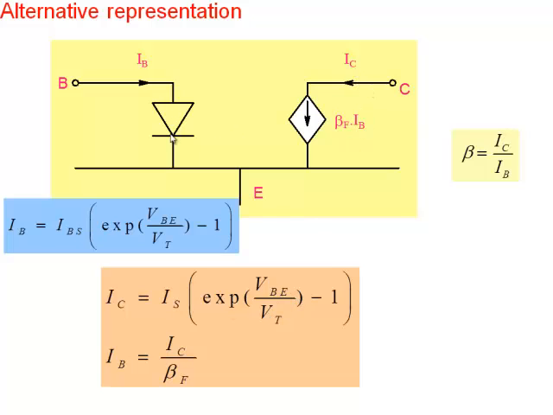IC is also exponentially dependent on base emitter voltage, and IB and IC are related through this quantity called beta, the current gain. And F, you will see in a minute what F means. It means the forward action, when electrons are being injected from emitter to collector. So that's the forward mode of transistor operation. That's why the word F is here. So that's another model of a bipolar transistor that I have.